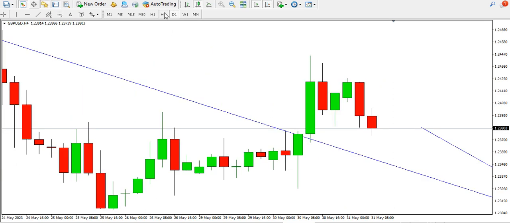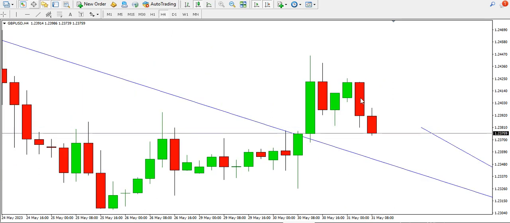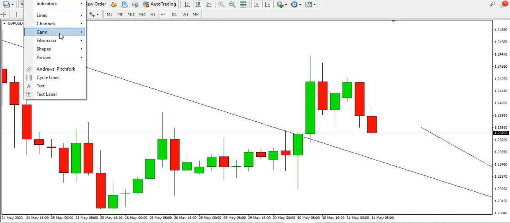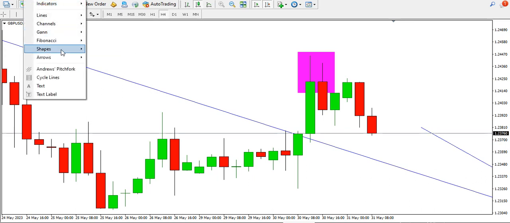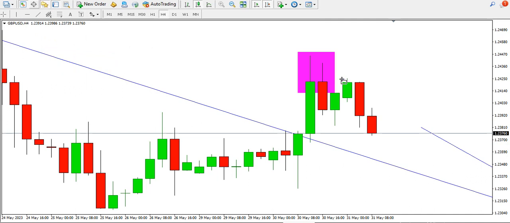But on the 4-hour time frame, price is forming a double top. This is our first top, which is a possible bearish retracement pattern. This is our second top. Okay, price has broken the neckline.